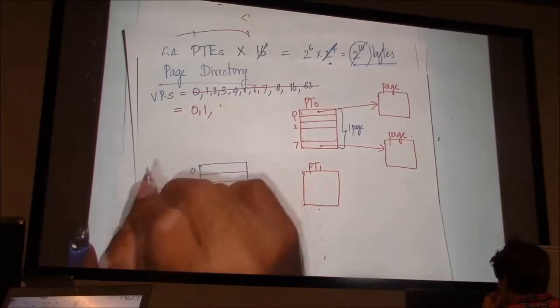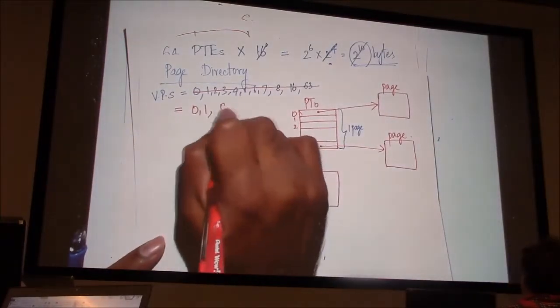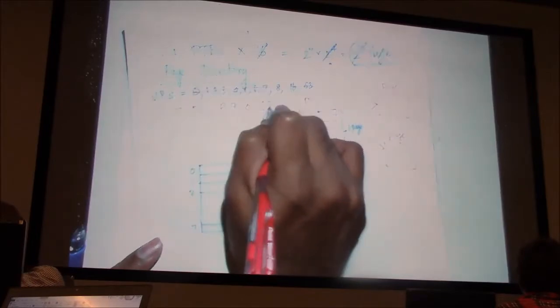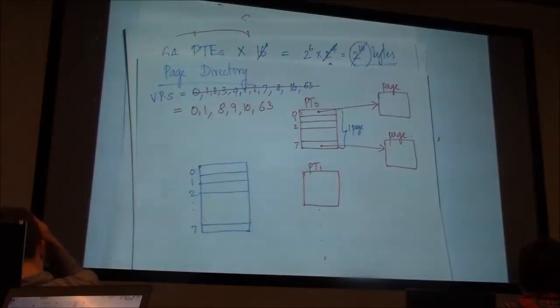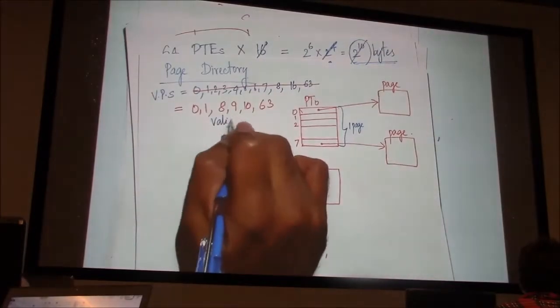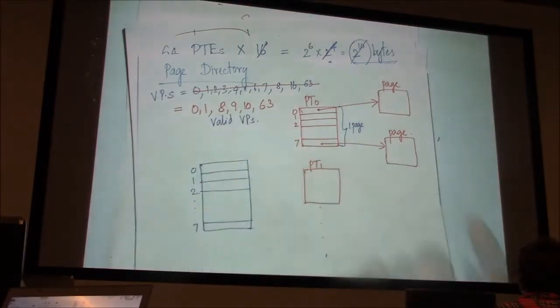Let's just assume virtual page is 0, 1, okay? 8, 9, 10, and 63. These are the only valid virtual pages. If these are the only valid virtual pages, okay, then what is going to happen?